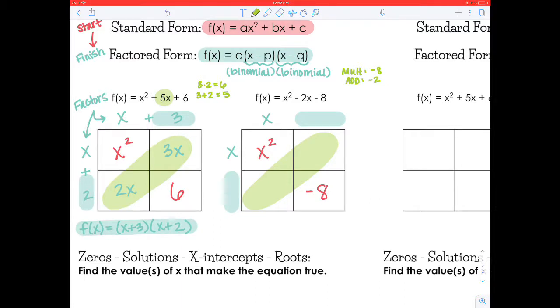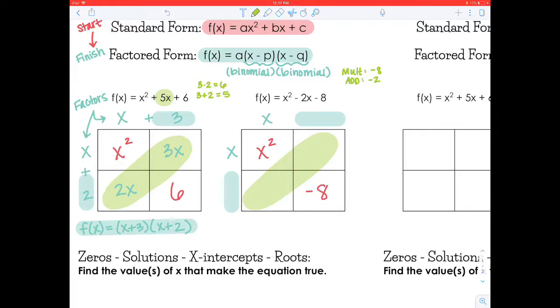Okay, so things that multiply to negative 8, we've got negative 1 and positive 1. So here, because we've got negatives this time, we know that at least one of the numbers must be negative. Negative 8 and 1, that's not going to add to negative 2. So let's move on from 8 and 1. Let's try 4 and 2.